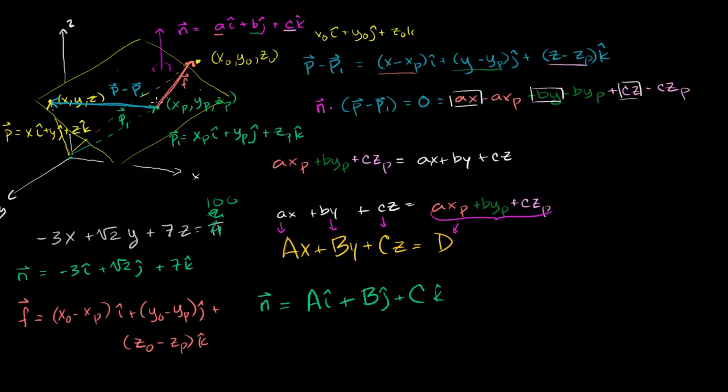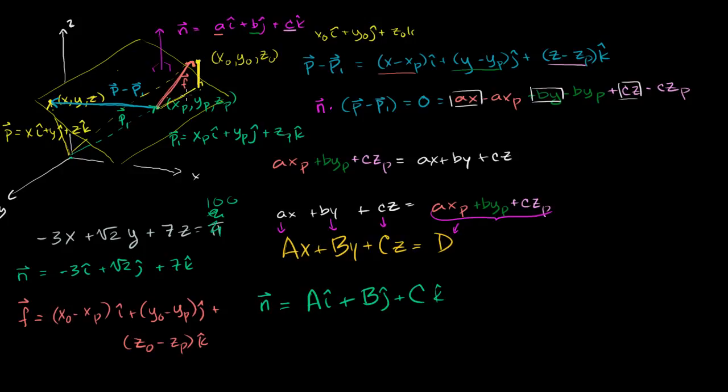So fair enough. That's just some vector that comes off of the plane and onto this point. But what we want to find out is this distance. We want to find out this distance in yellow, the distance that if I were to take a normal off of the plane and go straight to the point, that's going to be the shortest distance. And actually, you can see it visually now, because we can form a right triangle here.